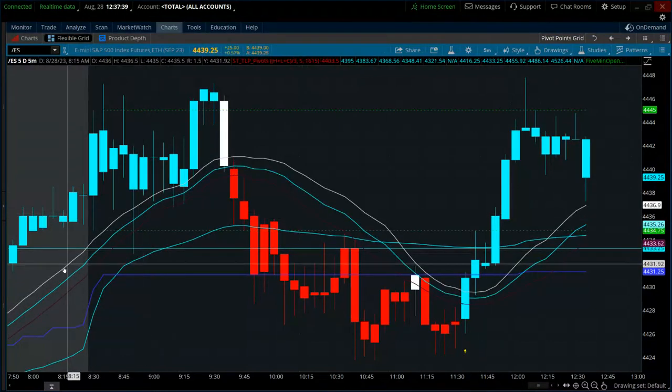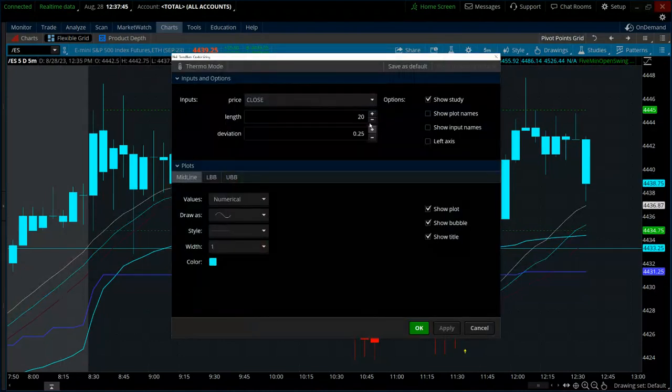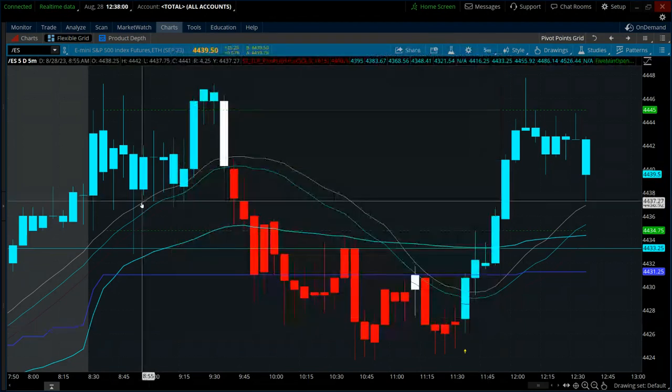That's Bollinger Bands, set on a 20-period look back, from a standard Bollinger Band setting of 2.5 deviations, drawn in tenfold to 0.25 deviations. So from 2.5 down 10 times to 0.25 deviations, with a 20-period look back.